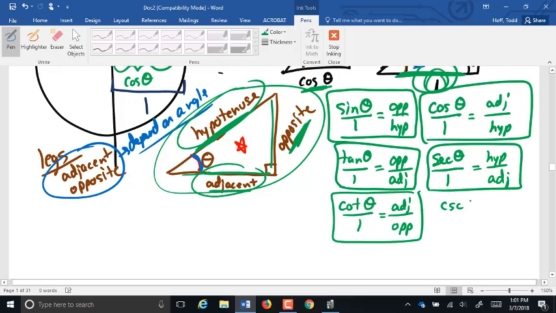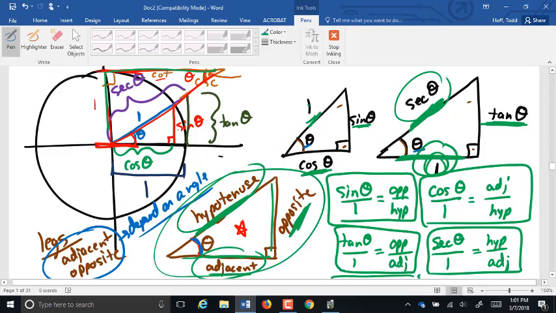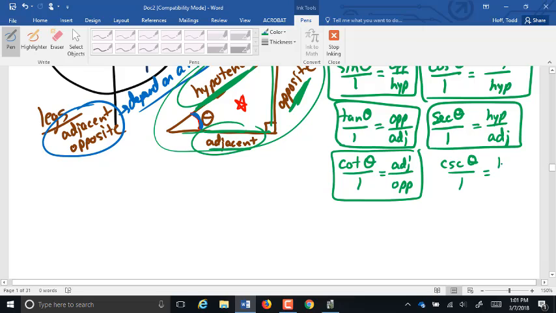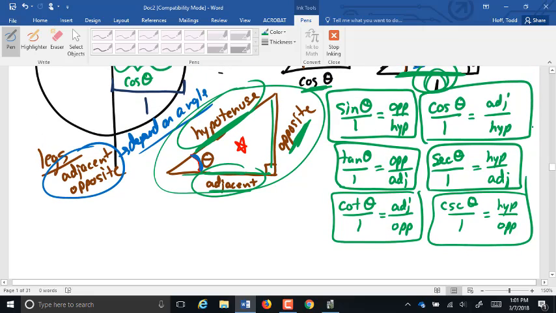And the cosecant related to 1. Well, cosecant here again is the hypotenuse, and the 1 is still the vertical side or the opposite side. So that's hypotenuse over opposite. So you can see all of our trig functions that you guys have memorized for right triangles, all they are is just relationships between similar triangles.